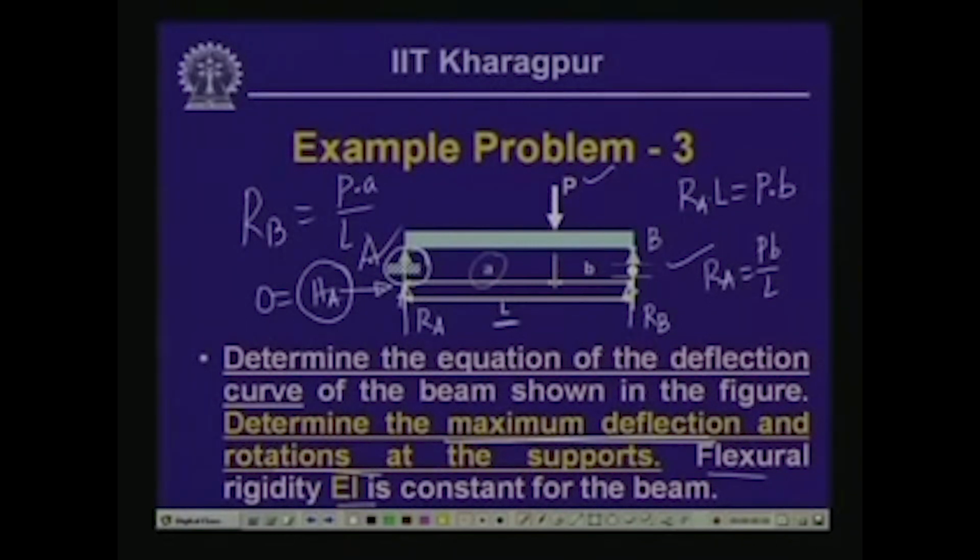Now, here we have two segments, this is segment 1 and this is segment 2, and in these two segments our bending moment expressions will be different. So, now let us compute the bending moment for these two segments.